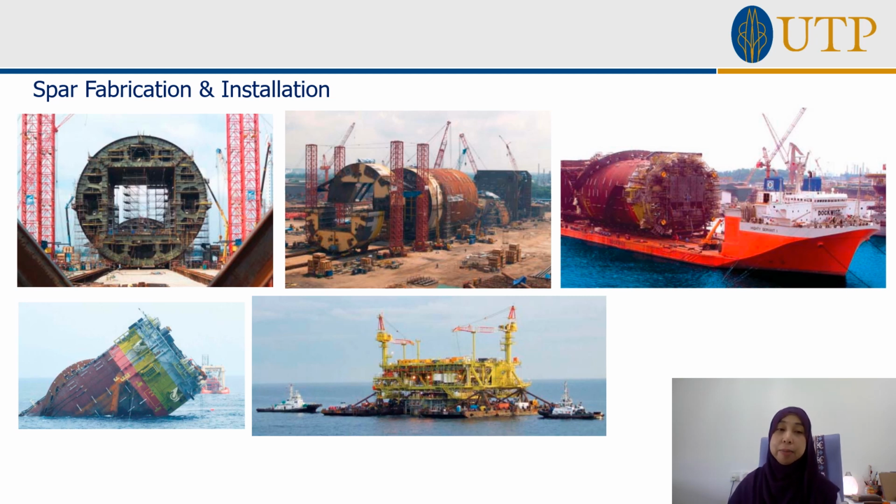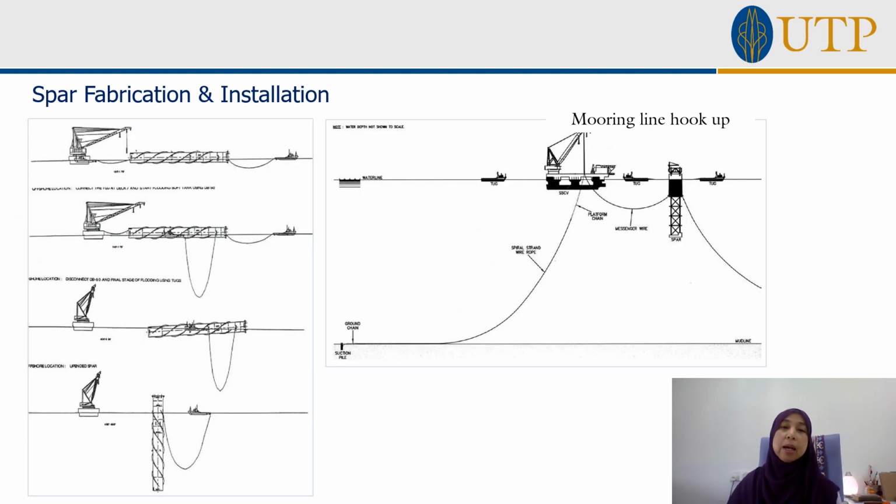So that is how the mechanism works. You can also see this simple diagram showing the different principles and procedures that I just described to you. This is what we call the installation procedures, and eventually you will have to moor it back with some hookup lines so that it doesn't go away.